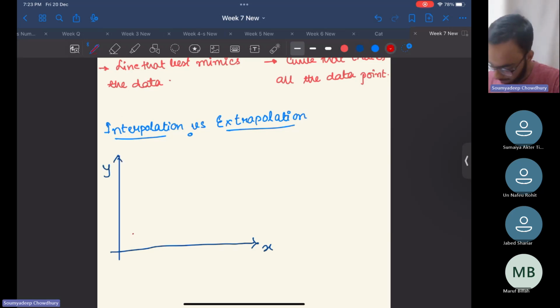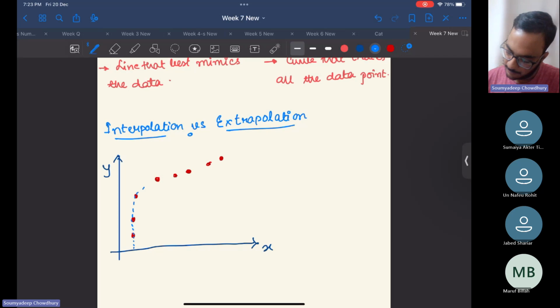Suppose there are data points like this. So what I do is, as I told you, I join all these data points. I trace all these data.